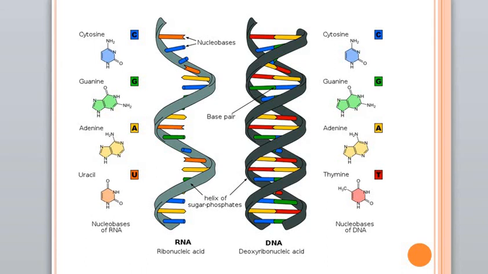So here, guys, is a big difference between DNA and RNA. Nucleic acid is very important as one carries the genetic material and the other expresses the genetic material and synthesizes protein.